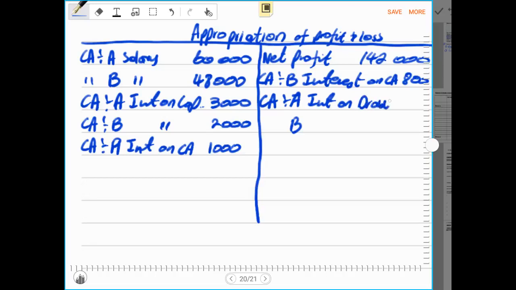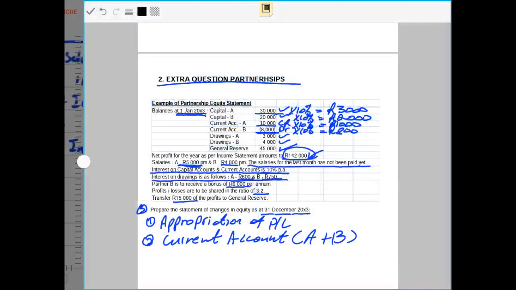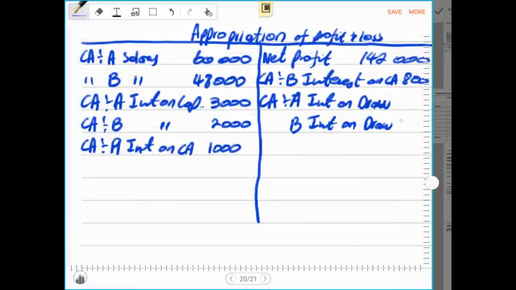Remember, drawings is the money that has been withdrawn by the partners. So now it means partners will have to pay the interest to the partnership. So hence the interest on drawings is income to the partnership. So now that means the 600 and the 750 will be recorded as income.